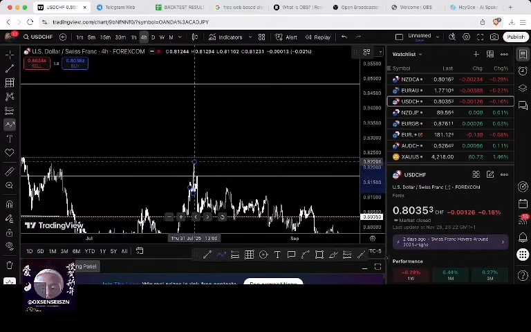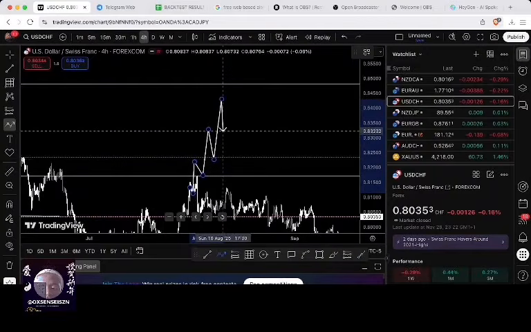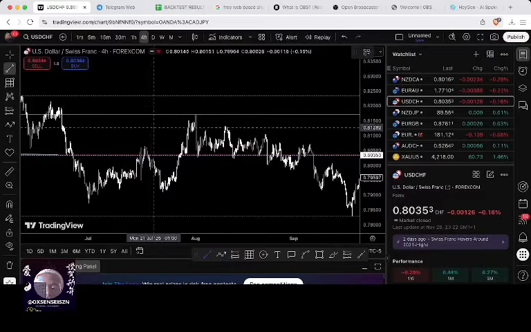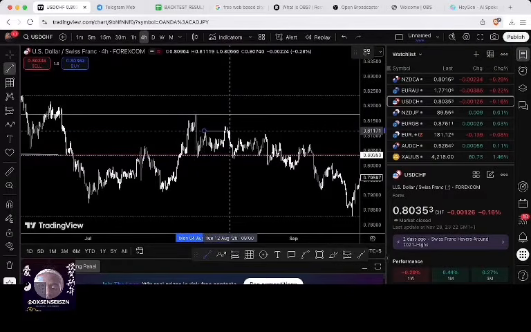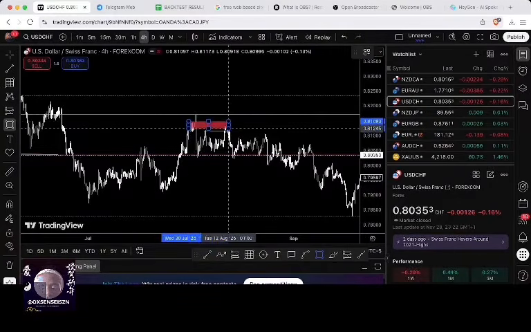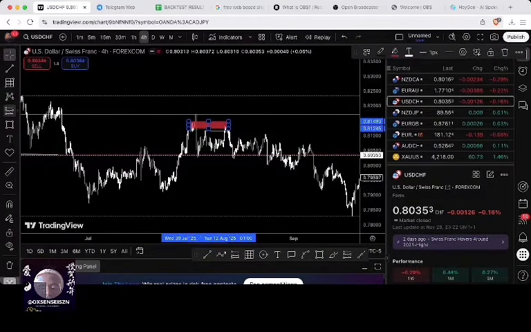Break structure, break structure, break structure, we would not be interested in this trade. But then price goes on to form our algo market structure. Here we have the structural liquidity in place. We have our failed order block here, and then we have our sell entry.